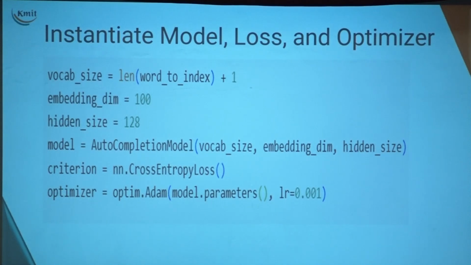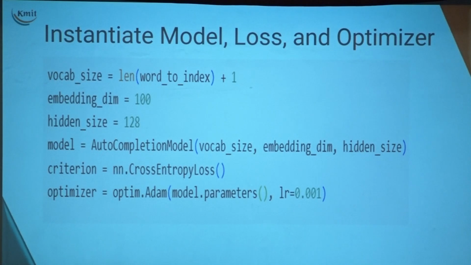Embedding dimension I am giving 100, which means the vectors that will be generated for every token will have a length of 100. Dimension of my vector is 100. I should also give hidden size as a parameter to my LSTM network. I told you it should always be in the form of 2 power n: 32, 64, 128, 256.